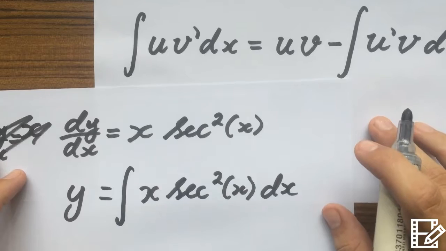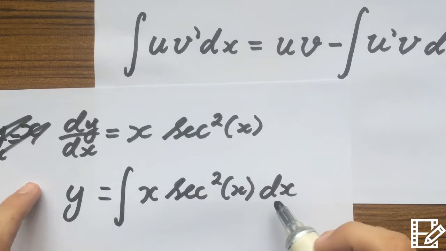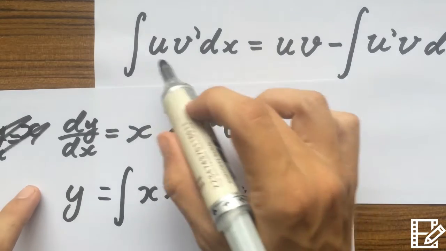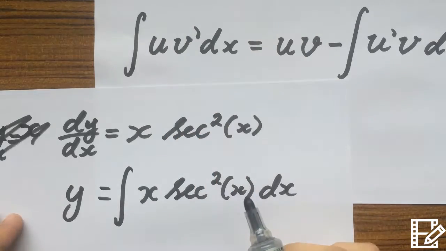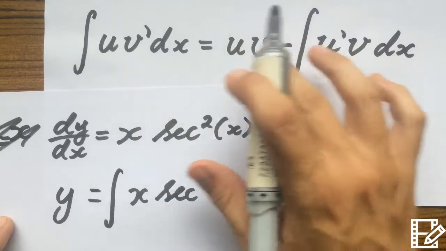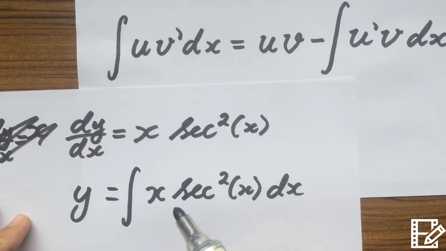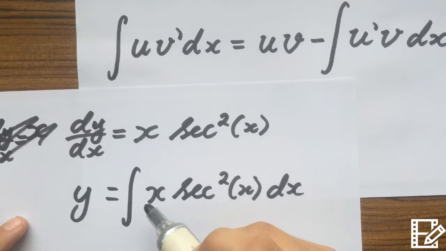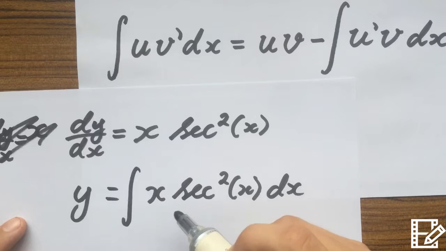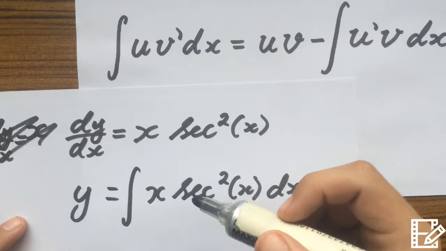Okay. Now that we have that, we can make a comparison. We can assume that this looks very similar to this. In order to follow integration by parts, we need to assume that one of these needs to be derived and one of these needs to be anti-derived.